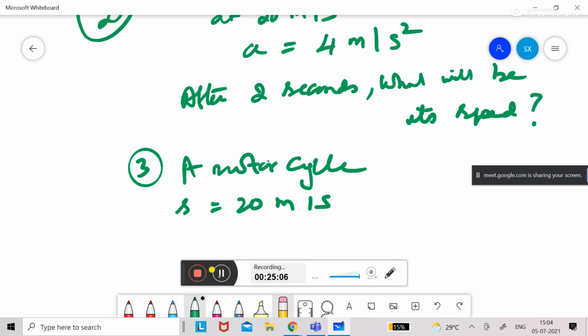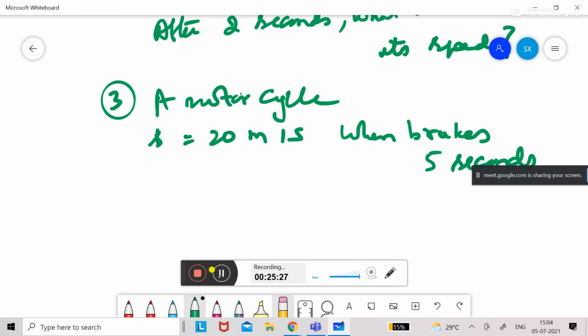When brakes are applied to bring it to rest in 5 seconds, find the deceleration. I told you deceleration means decreasing the speed. So this is the initial speed, and V is 0, you should put. Remember that.